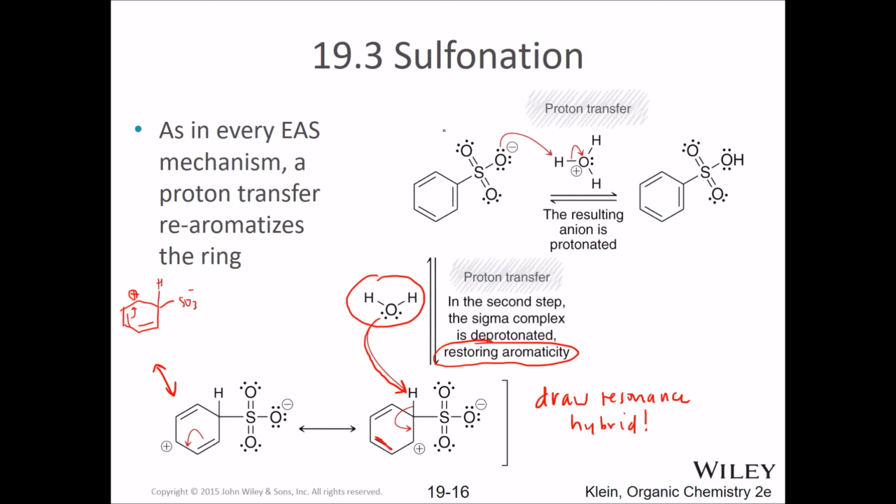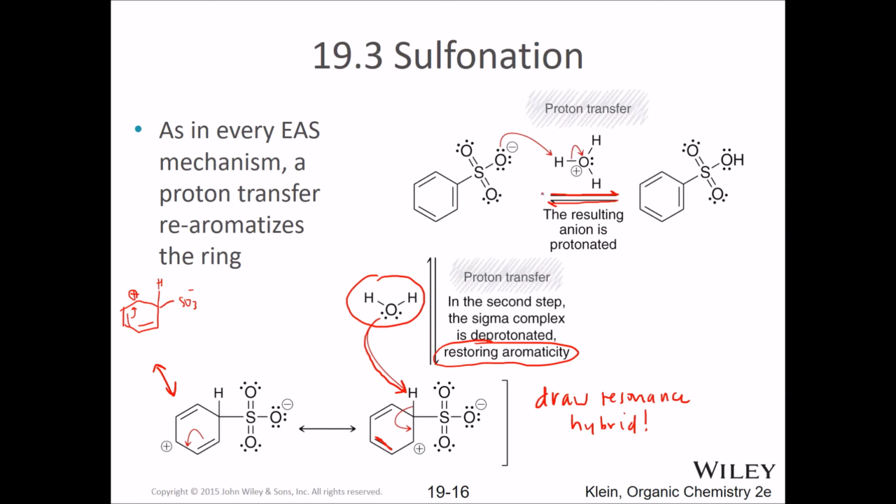Okay, so Klein is showing one last step here where you get rid of the formal charges. He's just doing this to clean this up, but this is very much an equilibrium. It's actually a pretty strong acid, so it goes just as much toward the hydronium ion as it does the water.